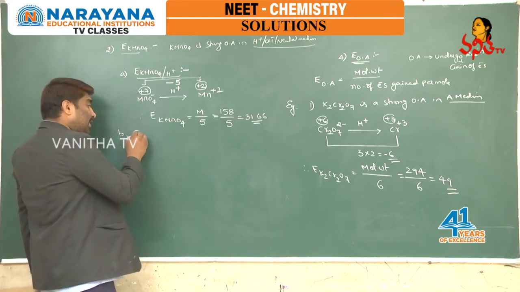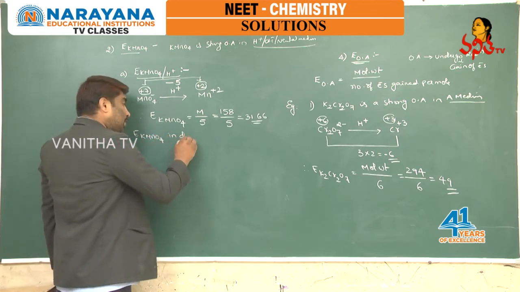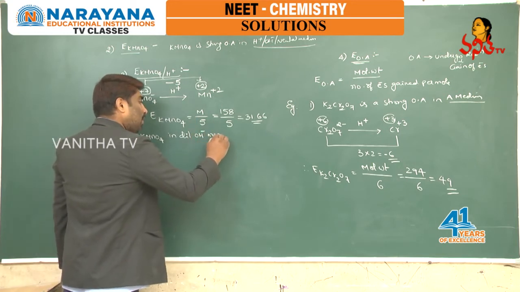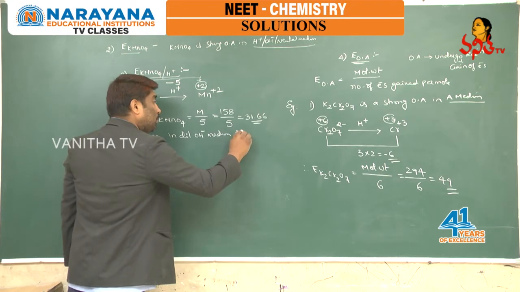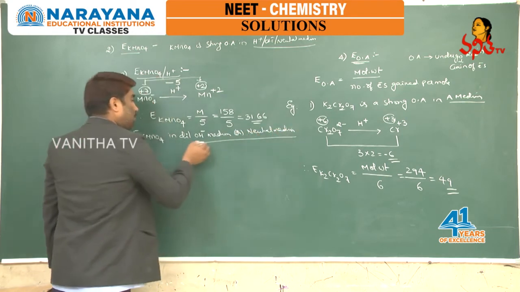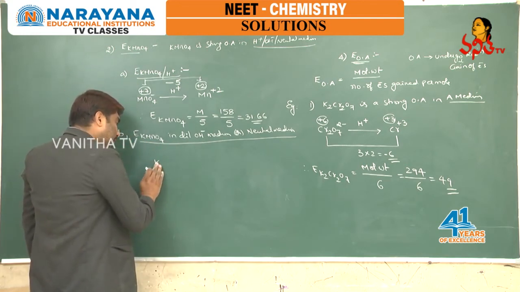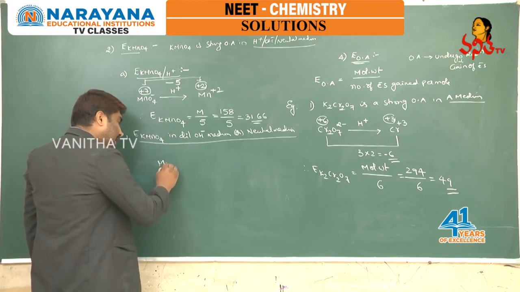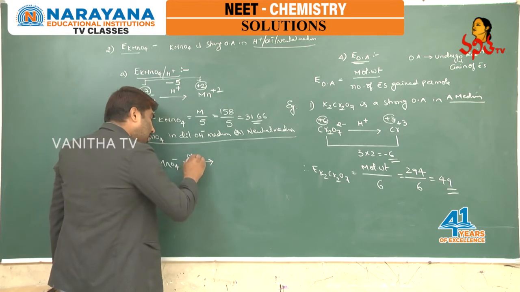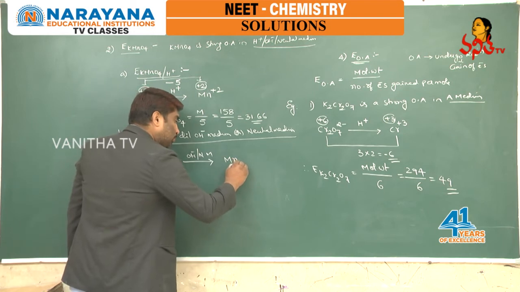B, equivalent weight of KMnO4 in dilute basic medium, dilute alkaline medium, or neutral medium. So how to calculate the equivalent weight in this medium? Here potassium permanganate, or you can write the ionic form MnO4 minus, in dilute alkaline medium or neutral medium always converts to MnO2.